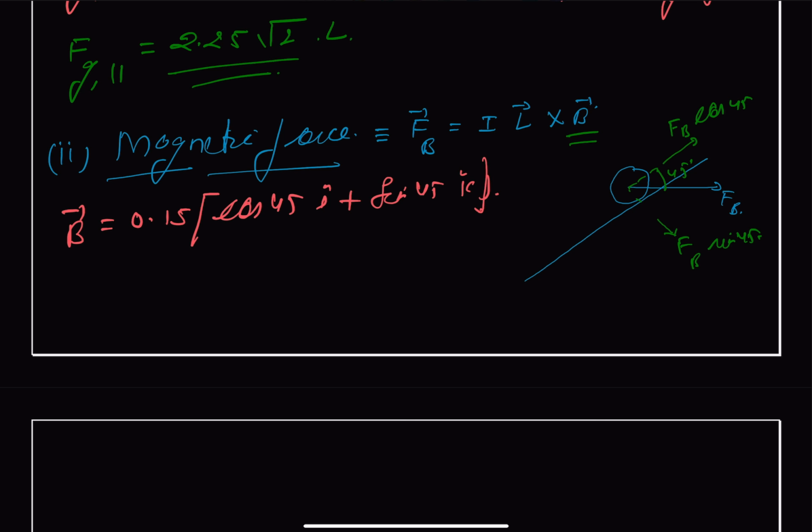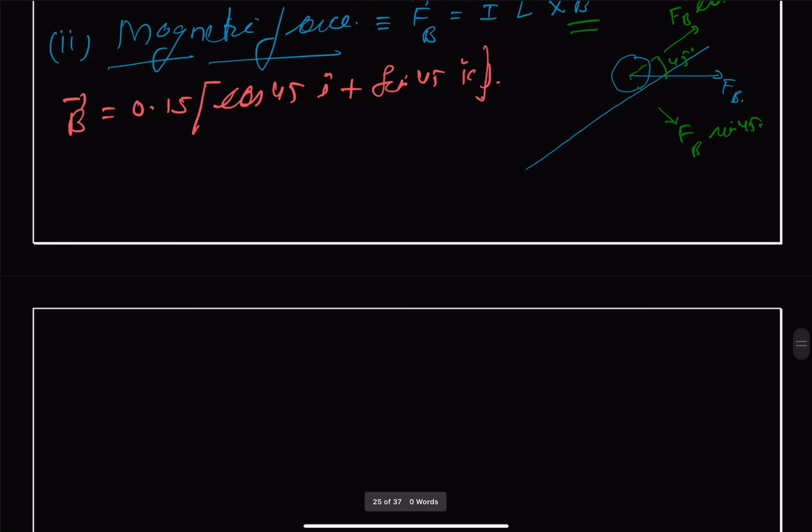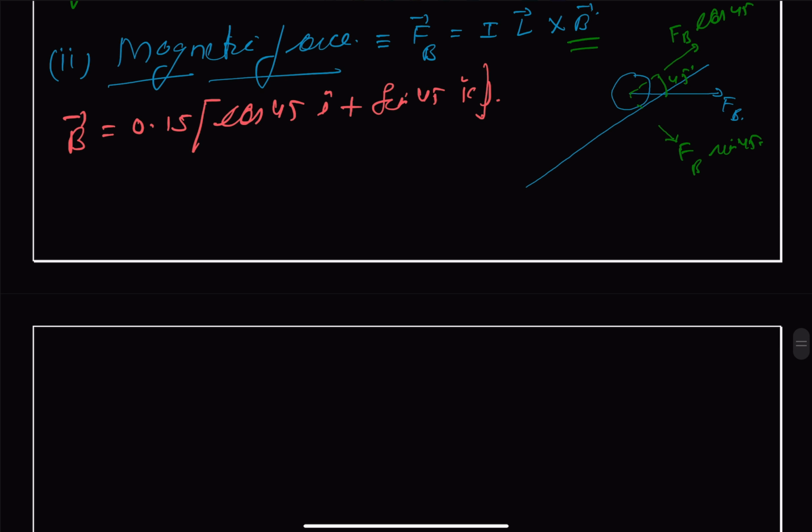This can be written as 0.15 square root of 2 divided by 2 times (i unit vector plus k unit vector).